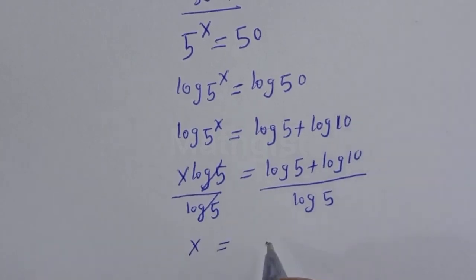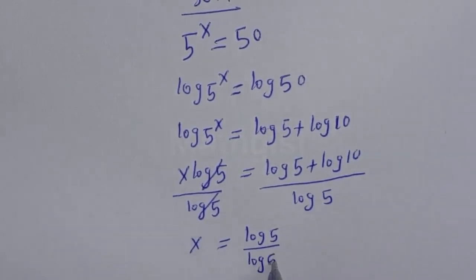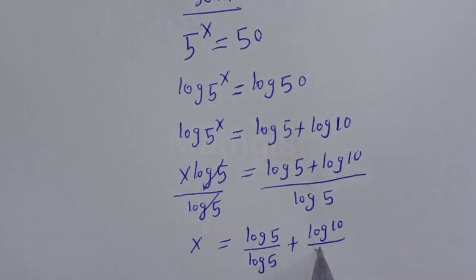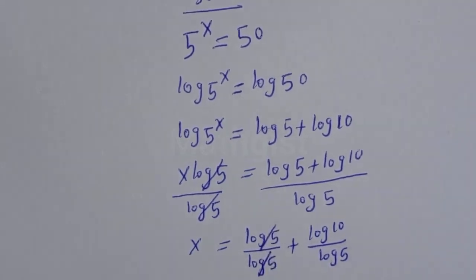S will be equal to log 5 over log 5 plus log 10 over log 5. This cancels this. We have 1.